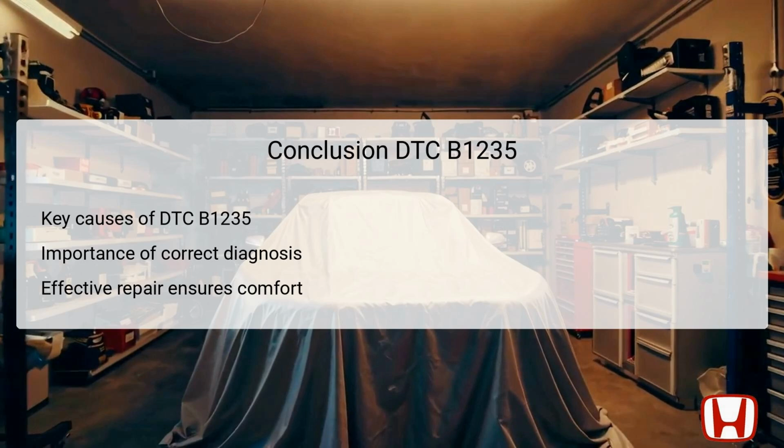Following structured troubleshooting steps aids technicians in pinpointing the exact problem efficiently. Effective repair of the air mix control motor and its components is vital for ensuring the passenger's comfort and safety during drives. Lastly, being aware of preventive maintenance practices can help avoid future electrical failures, ensuring the longevity of the vehicle's climate control system.